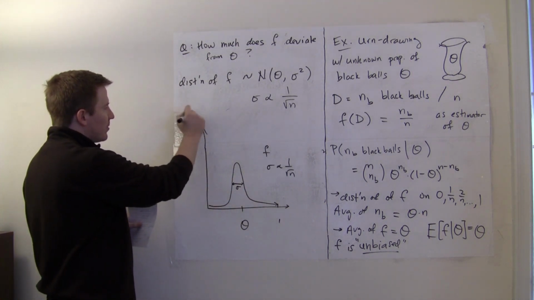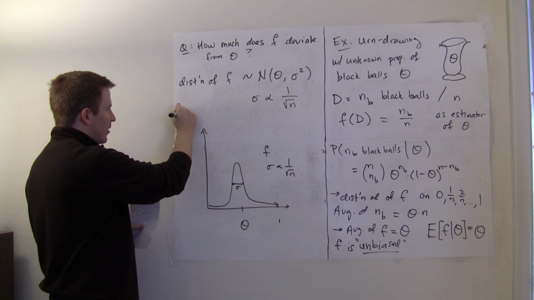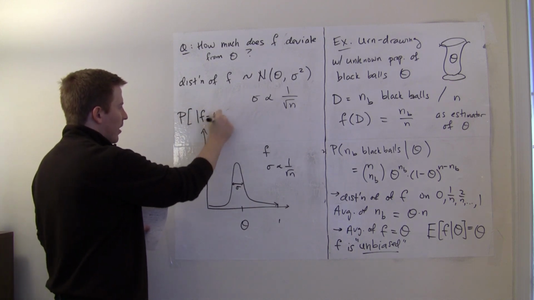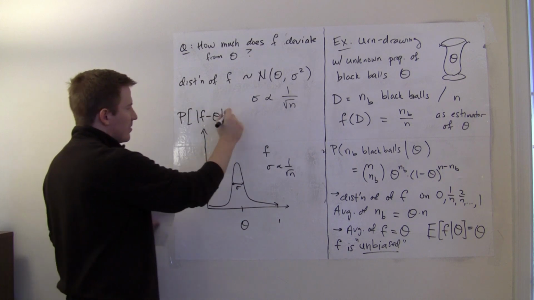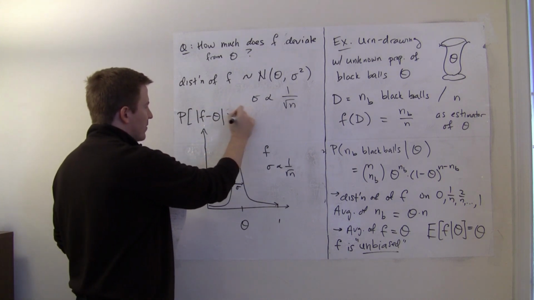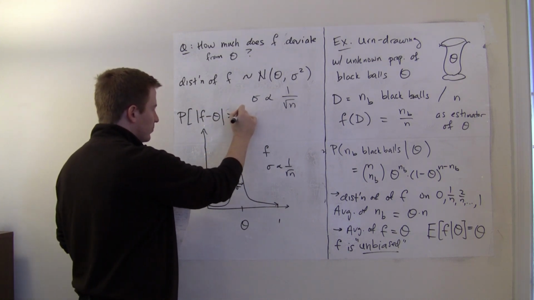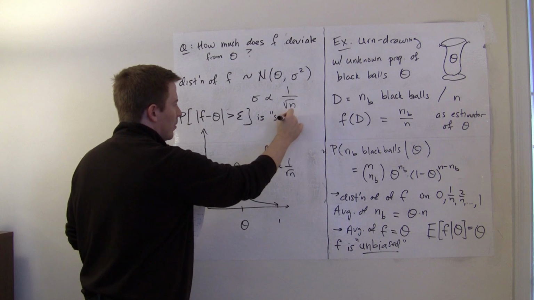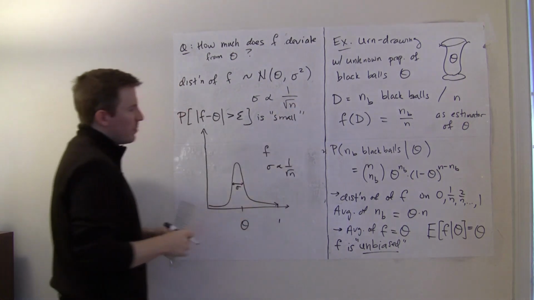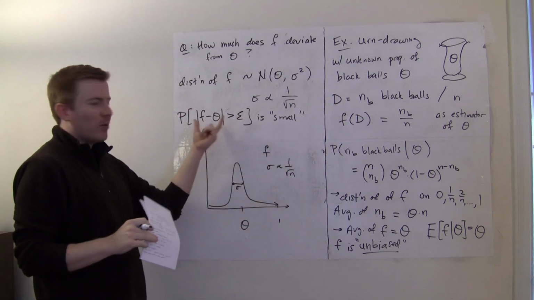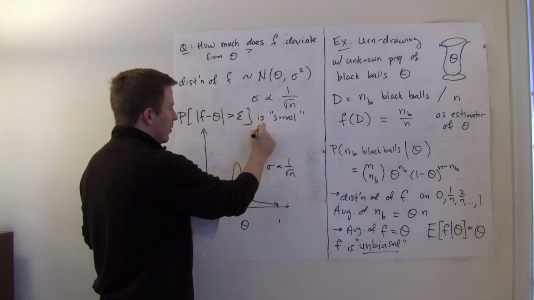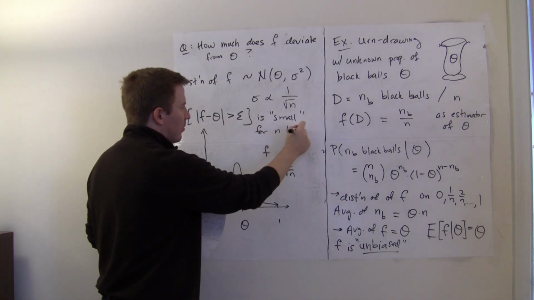We'll be able to make statements like the probability that the absolute value of f minus theta is greater than some number, let's call it epsilon, is small, depending on what we mean by small and what epsilon we choose, when this n value gets to be large.